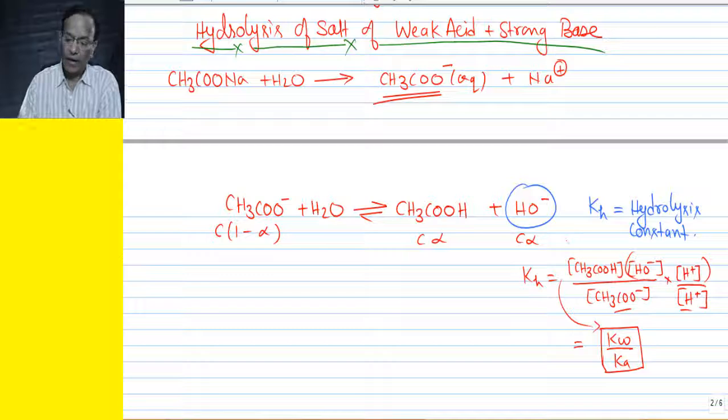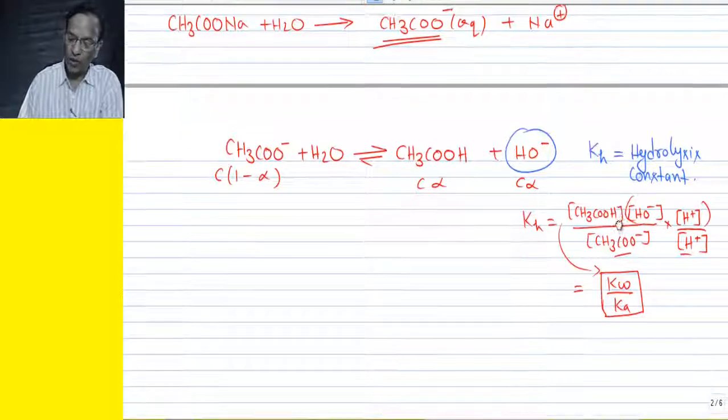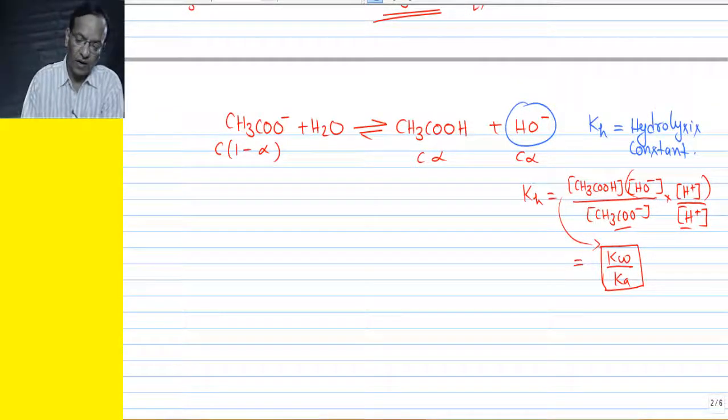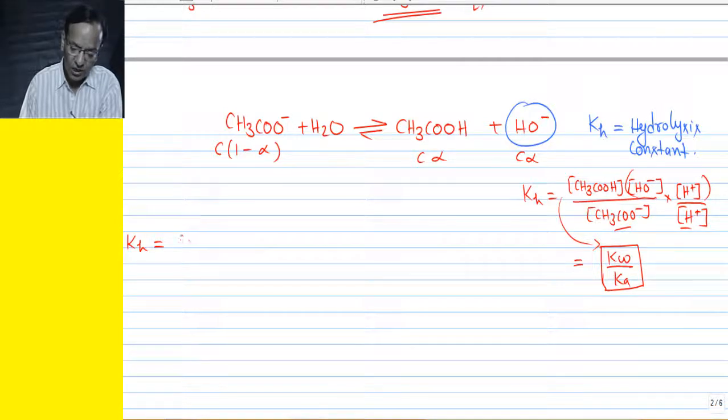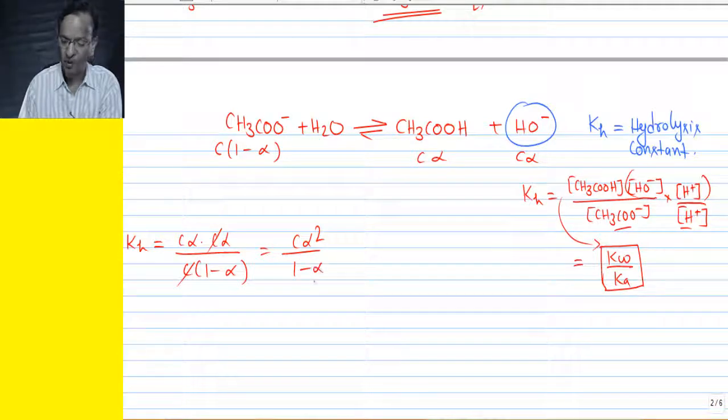So if we write the expression of Kh in terms of C and alpha, Kh is equal to C alpha into C alpha divided by C into 1 minus alpha. So one C will cancel off to give C alpha square upon 1 minus alpha.